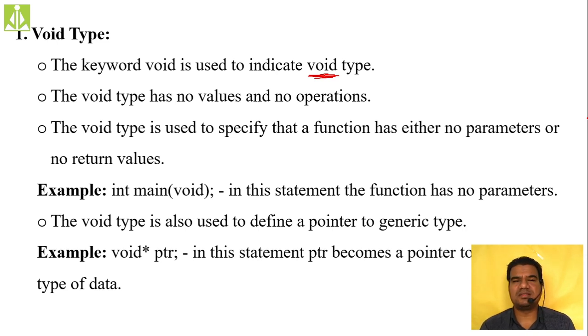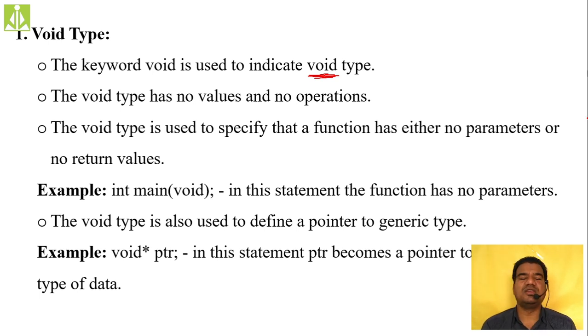Void means nothing, no operations, no values. And we do that by using a keyword called void, V-O-I-D. Whenever you want to tell the compiler that you don't want to store any values or perform any operations, simply use the keyword void at that place.